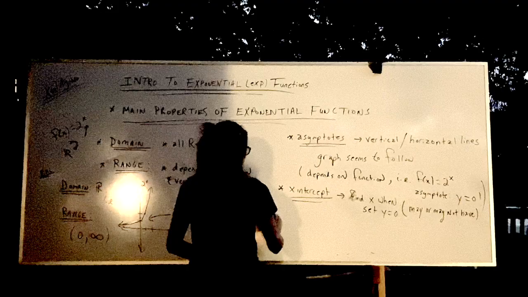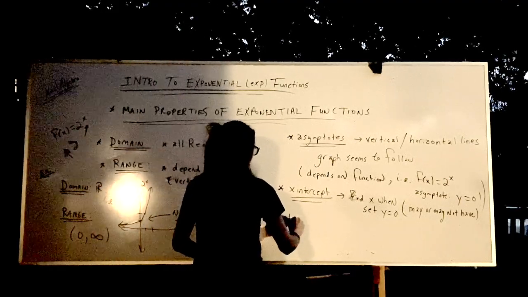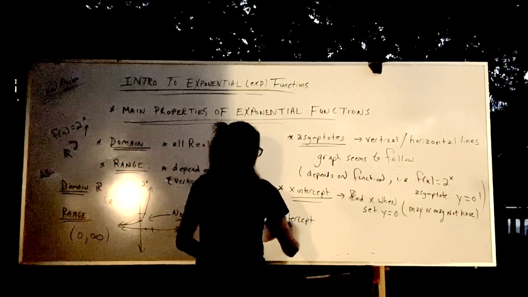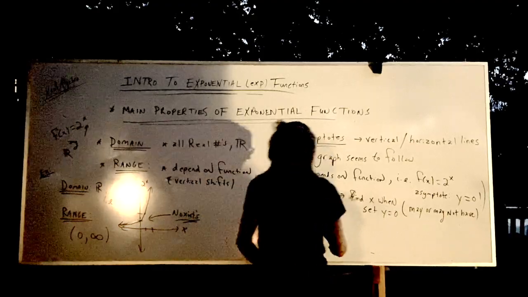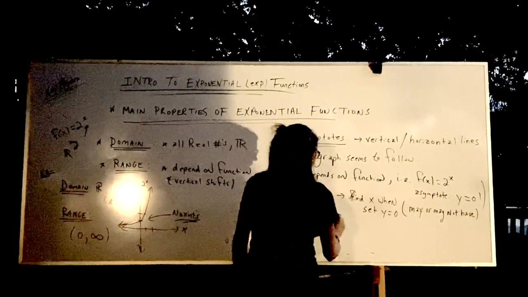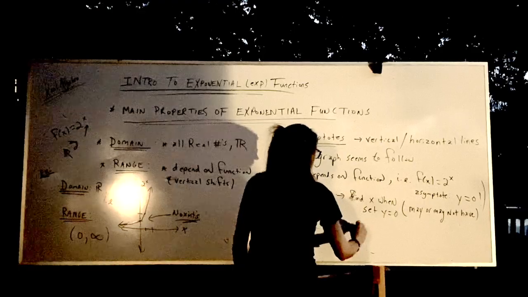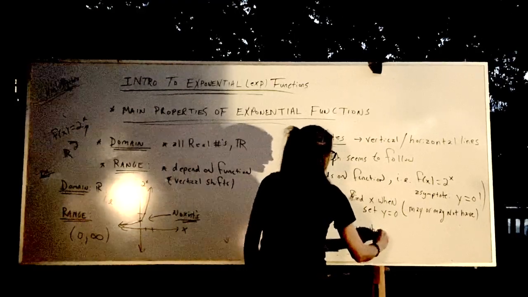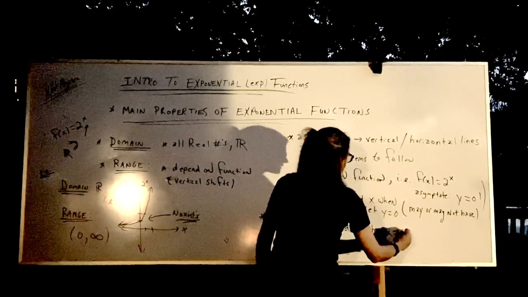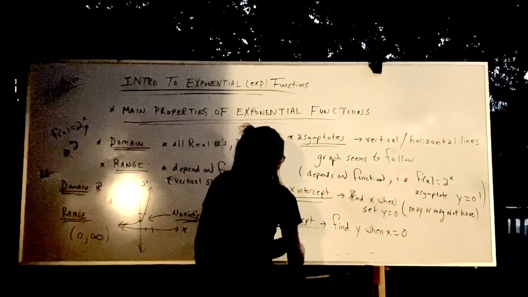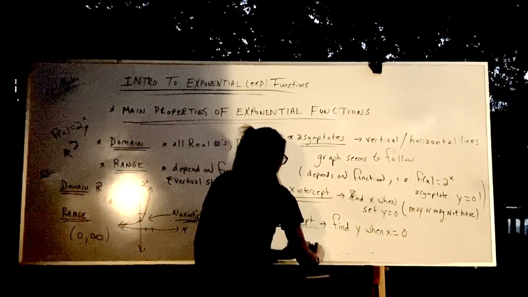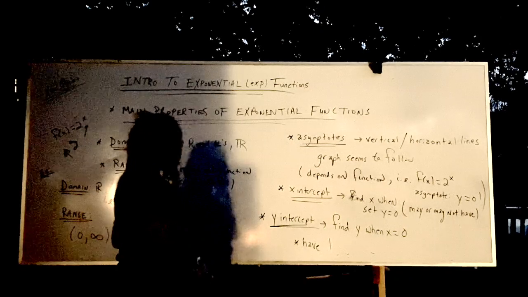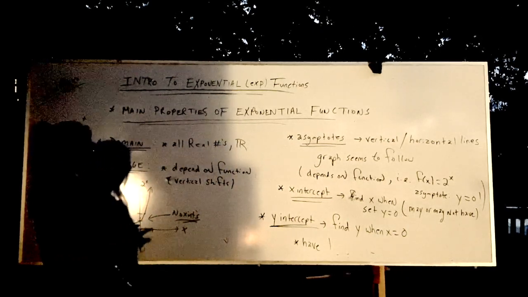And lastly, our y-intercept. Again, it's going to depend on your function, but you find y when x is equal to 0, and you have at least 1. You have 1, I should say. So these are the crossings on the y-axis.